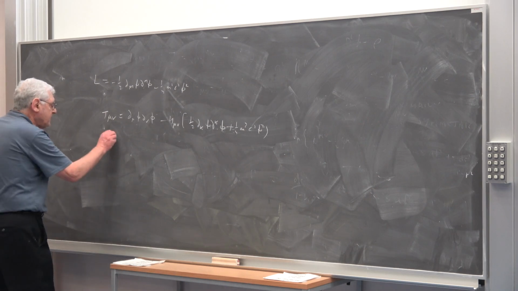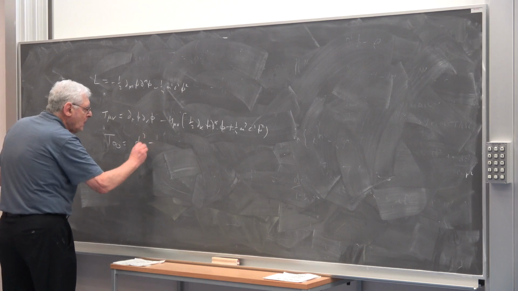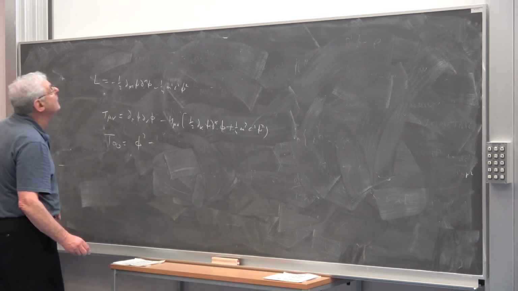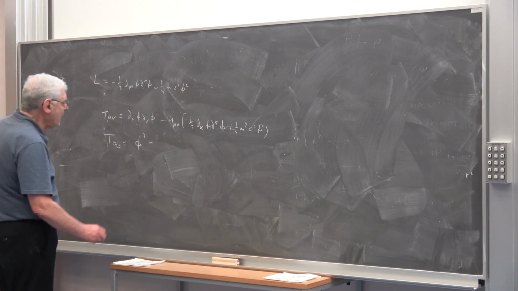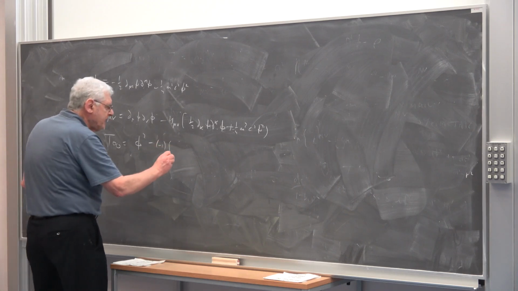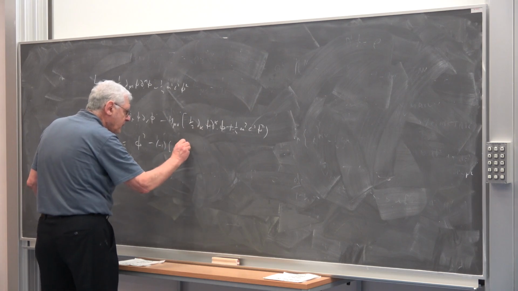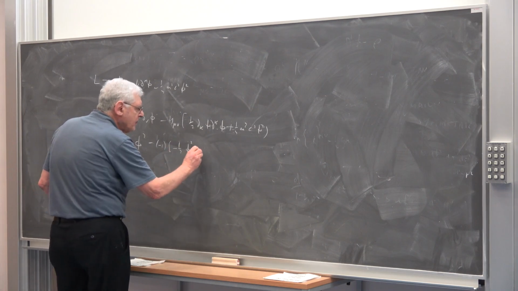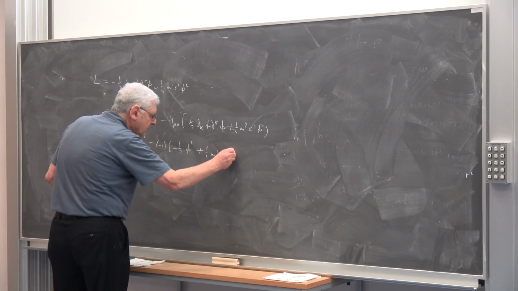And now let's calculate T00. It's φ dot squared minus, yes, minus, now η00 is minus 1. And this is equal to, that's down, that's up, so that's minus a half φ dot squared plus a half m squared c squared φ squared.